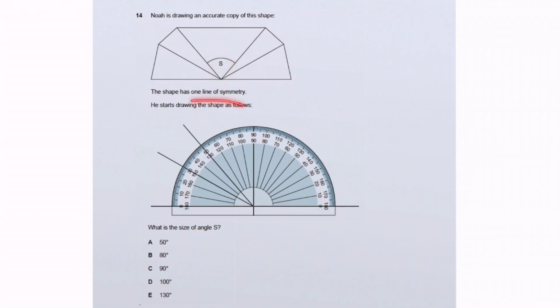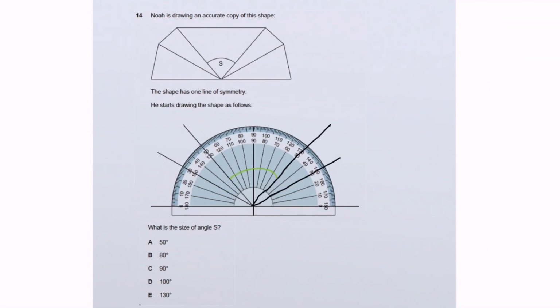So since we know that there is one line of symmetry, we can just follow the line markings here and do it on the same side here. So students can follow the lines here as well as on the 50. And thus having angle S here.